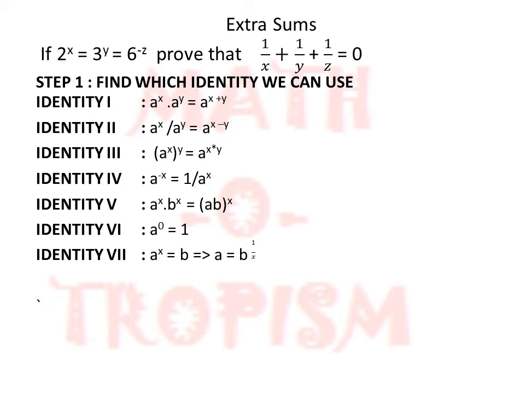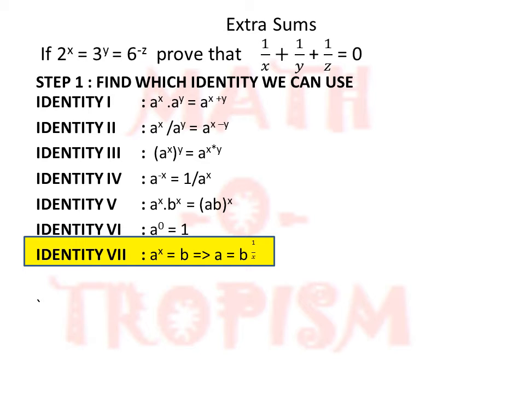So my aim will be to convert them into 6. First we know 2 into 3 is 6. So first I'll find 2 separately and 3 separately and then try to identify how to do it. This is the list of all the identities. If I want to convert 2 power x into just 2 and send that x to the right hand side, I need to use identity 7, where if a power x is equal to b, then a will be nothing but b power 1 by x.